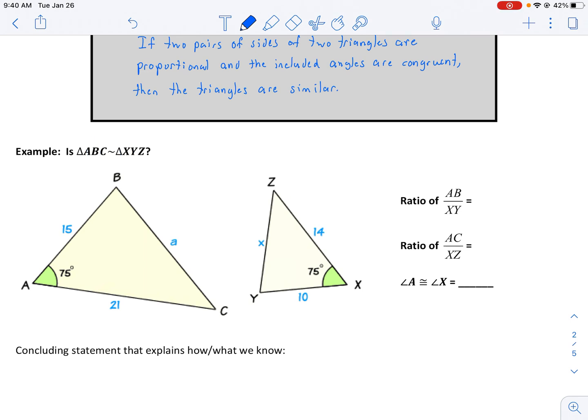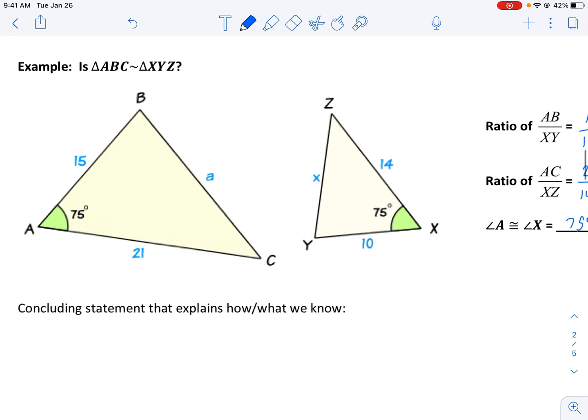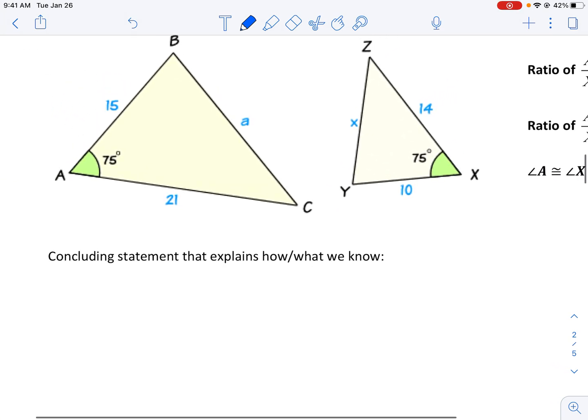We know AB corresponds to XY. So we have length AB over XY is 15 over 10. AC over XZ is 21 over 14. And both of these angles are 75 degrees. So you can use a calculator to show that those ratios are actually equal to each other. And so the two pairs of sides are proportional.